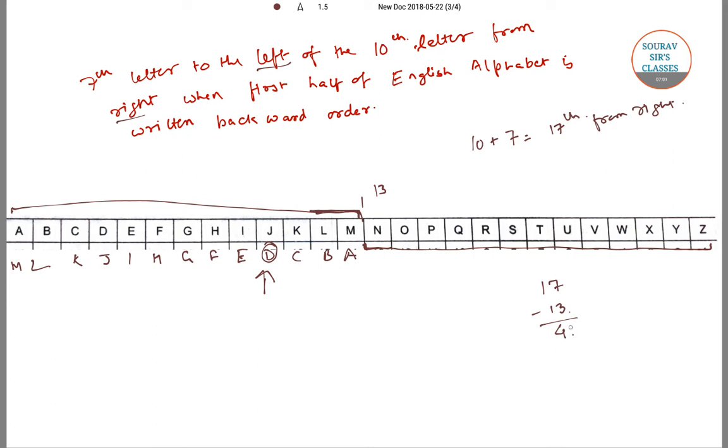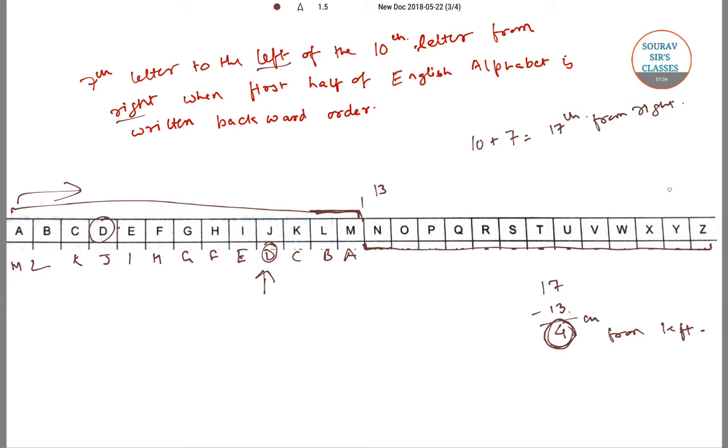So instead of finding the 17th element from the right in this new series, we find the 4th from the left in our normal forward order, which also gives the answer D.